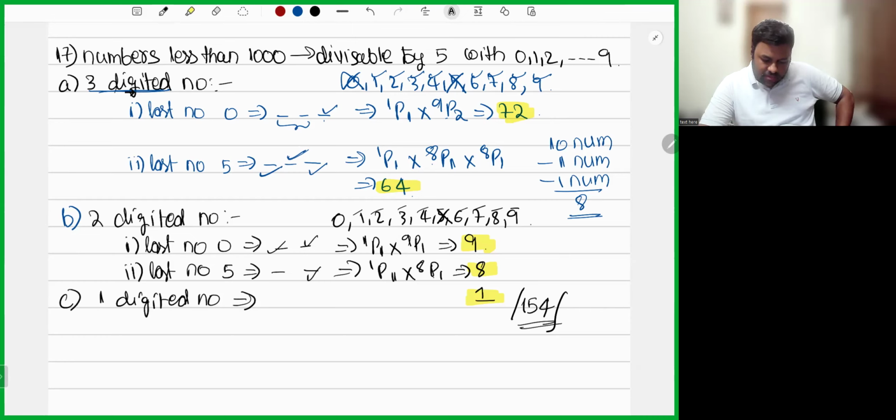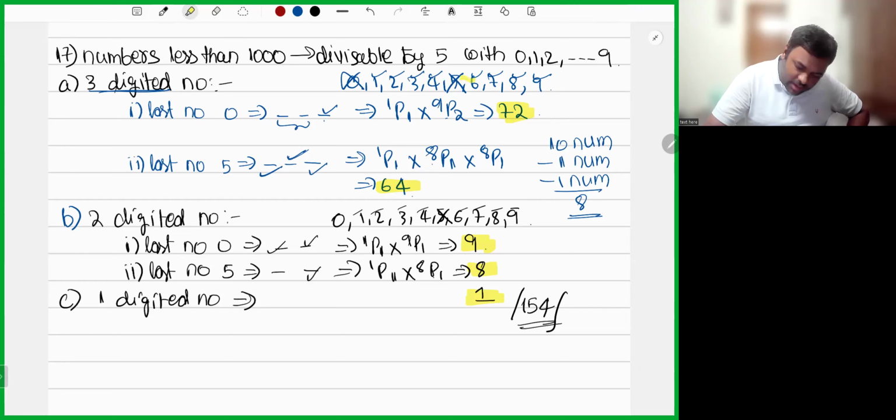Next, 3-digit numbers, last digit 0. Take 0 and keep here in 1P1 ways. Now 9 numbers are left, which can be kept in 2 places in 9P2 ways, 72. I hope this is also clear. Now last digit 5. Here you may have some issue. Take this 5 and place here in 1P1 ways.